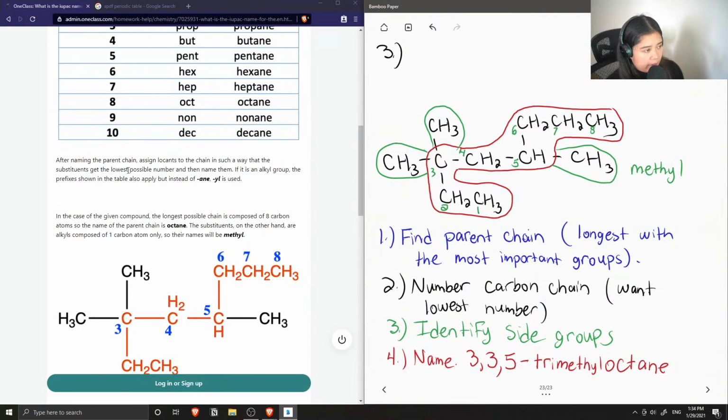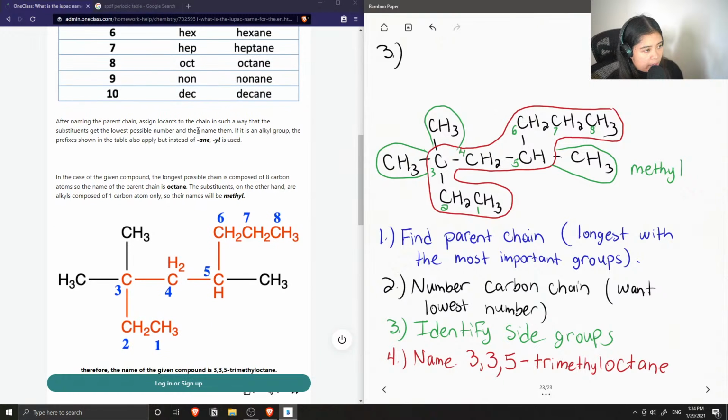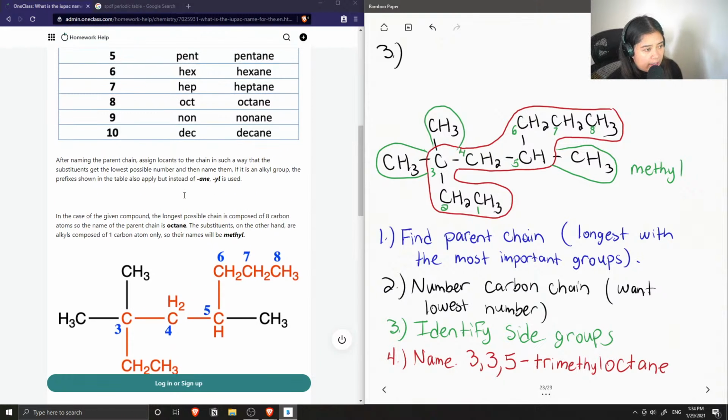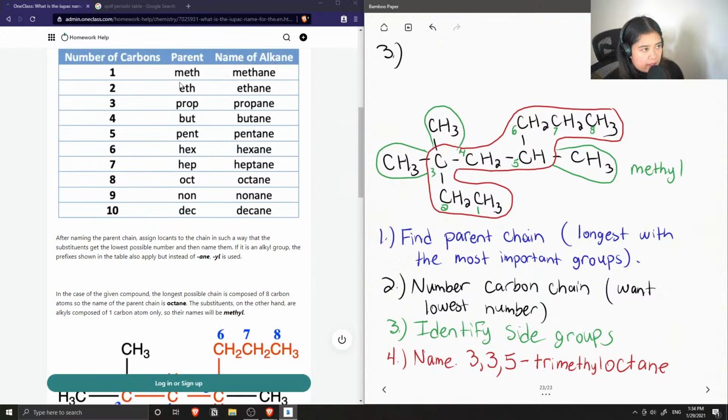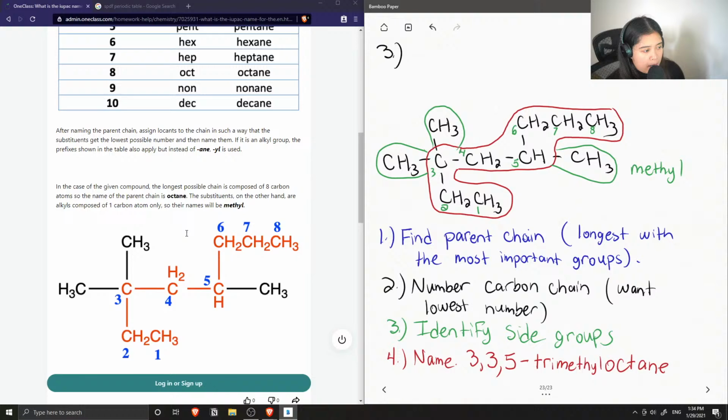After naming the parent chain, assign locants to the chain in such a way that the substituents get the lowest number possible, and then name them. If it is an alkyl group, the prefixes shown in the table also apply. Instead of adding ane, you add il. So here we have the meth, and then since it's a side group, we add il instead of ane.